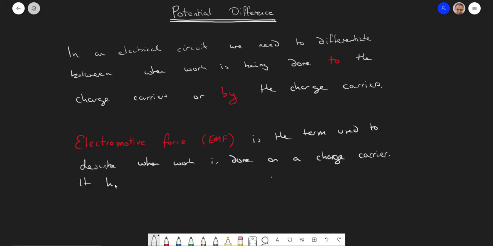It has the symbol, the weird curly E, and is measured in volts.